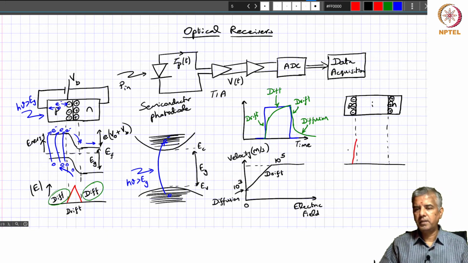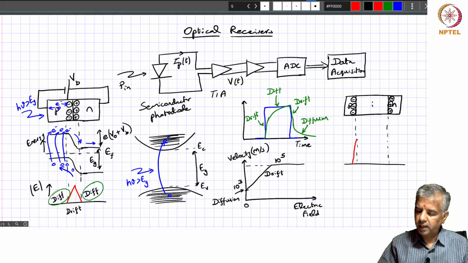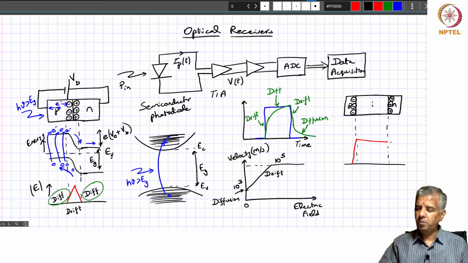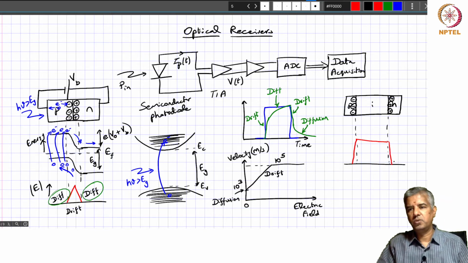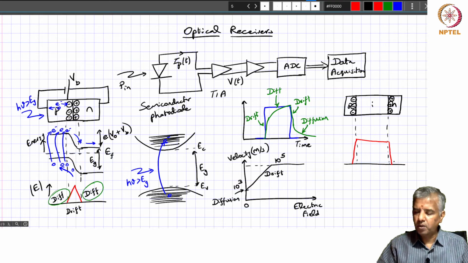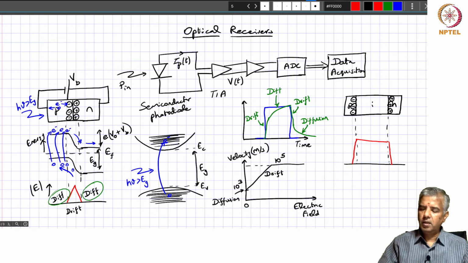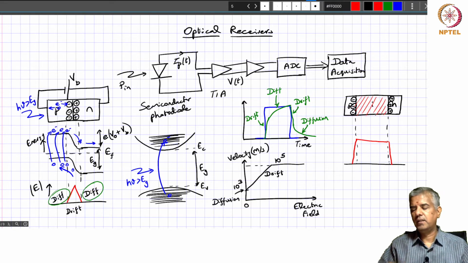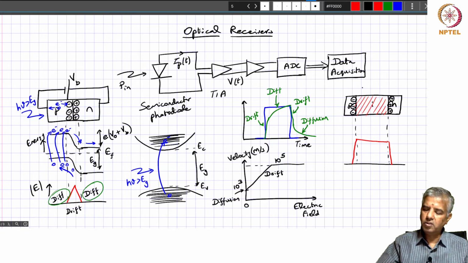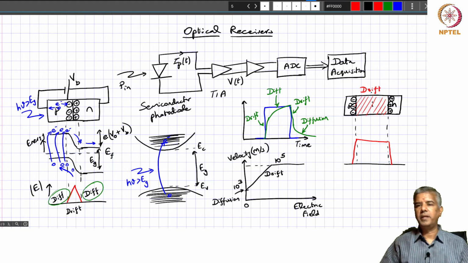It will increase over here because of the presence of these negative charges, and then will be almost uniform, and finally in this region it will come back to 0. Okay, so you can see that most of your structure here is under the influence of the electric field. So in all these regions you essentially have the drift mechanism dominate.